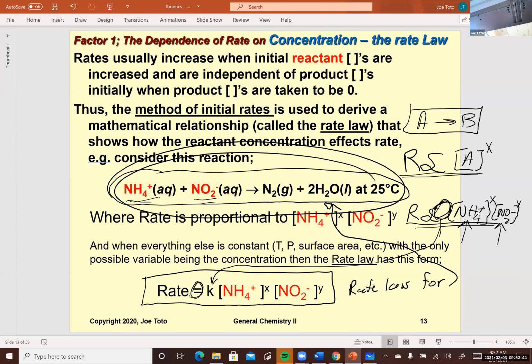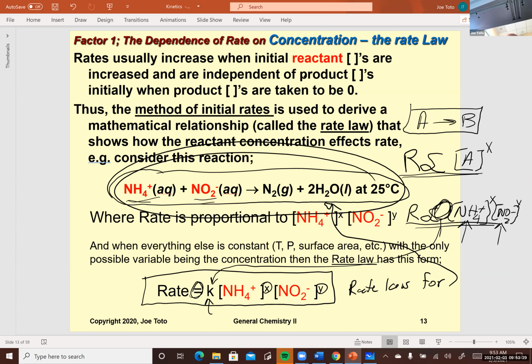Now, of course, I have a few unknowns in there. I have this proportionality constant K, which I don't know, and I have this X and Y factor, which I don't know. And the only way that you can know these is by doing lots of experiments and analyzing your experimental data. And then you can go back and propose the rate law and define what K is in terms of a number and define what X and Y, what both of them are in terms of numbers. And so that's what we're going to do.